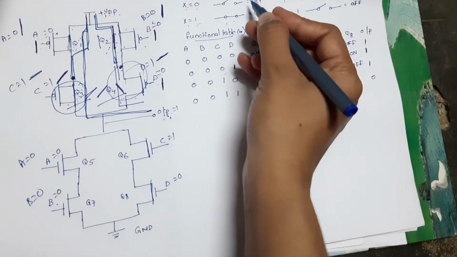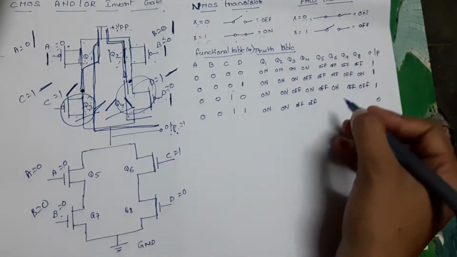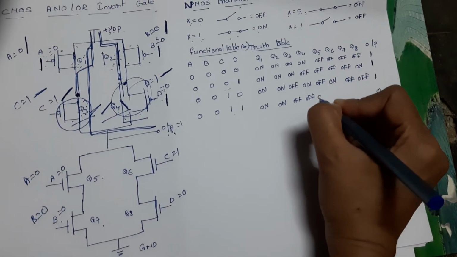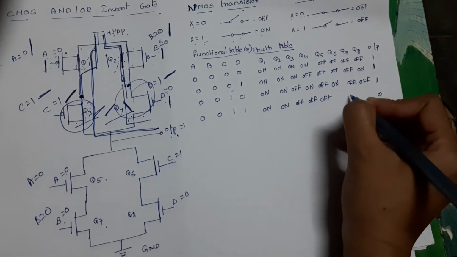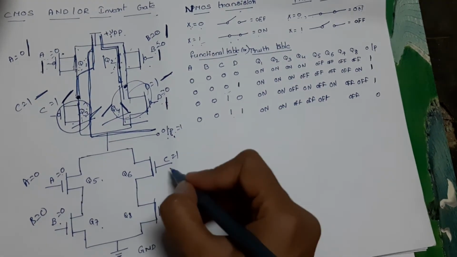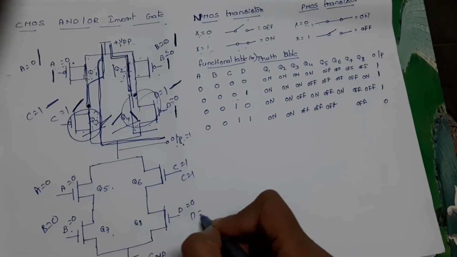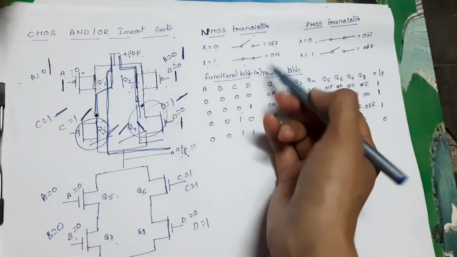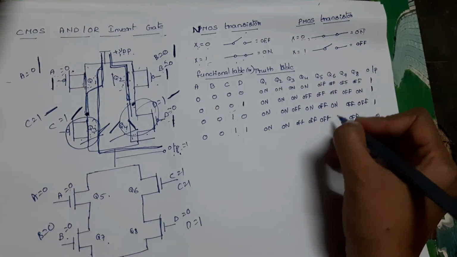So 0 means in case of NMOS transistor the transistor is off. So Q5, Q7 are off. Next C is equal to 1, D is equal to 1. So 1 means the transistors Q6 and Q8 are on.